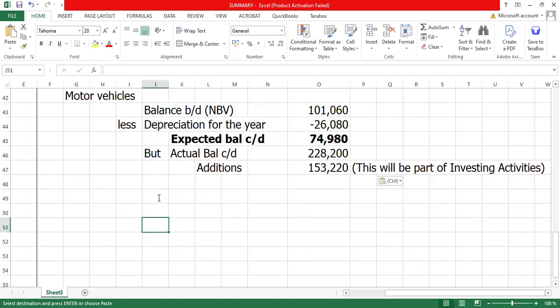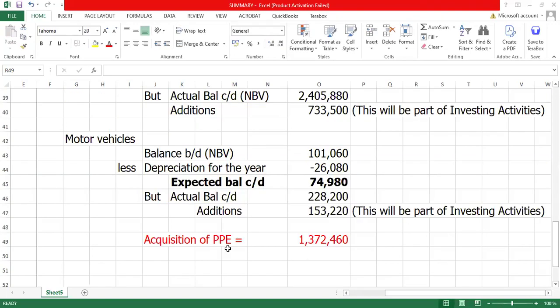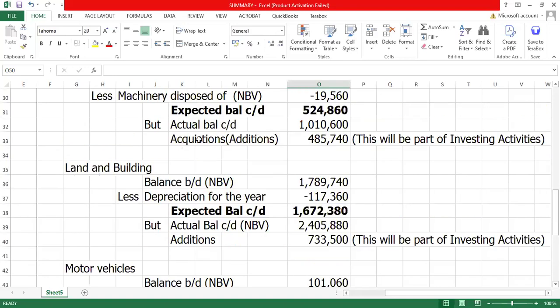You will simply have the component called acquisition of PPE. In your investing activities, you don't want to put them one by one. That is wastage of time. Just get the total.